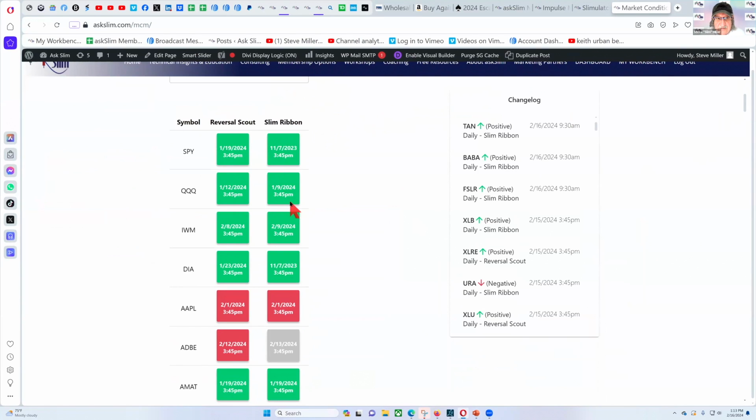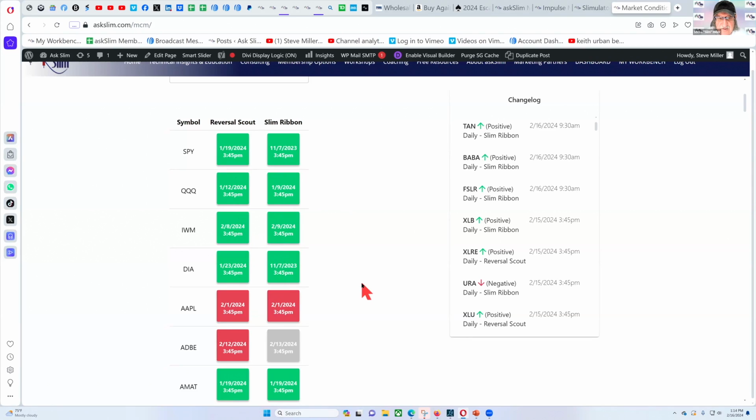So the S&P 500 and the slim ribbon, you can see where they turn positive. This was January 19th and November 7th when these indicators last changed. You could see how early you got the indication of the momentum being favorable here back in January, back in February, because the IWM was later over here back in January and back in November.